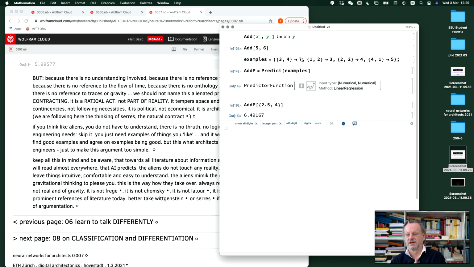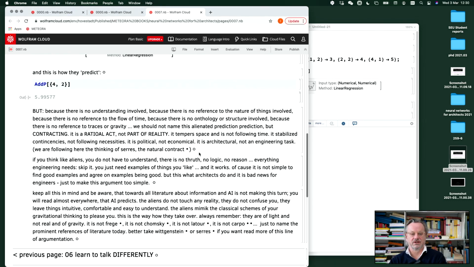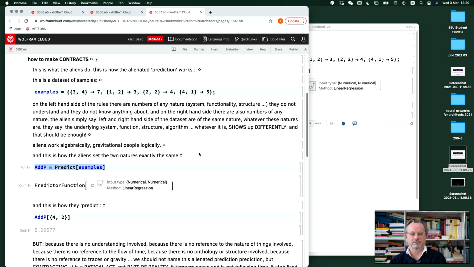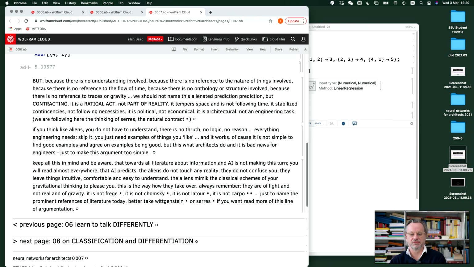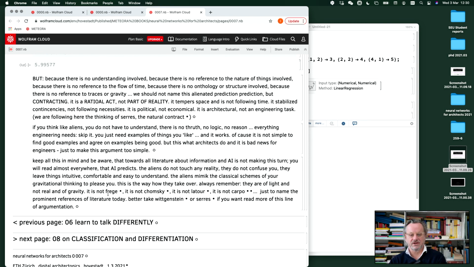Then it's a question how to make good contracts. It's a political question, not a technical one, like engineering is doing. Therefore, I strongly recommend to use the conception of the contract instead of the prediction. Therefore, it's not the logic of Frege or the logic of Chomsky or what we have in architecture, Latour or Capro.